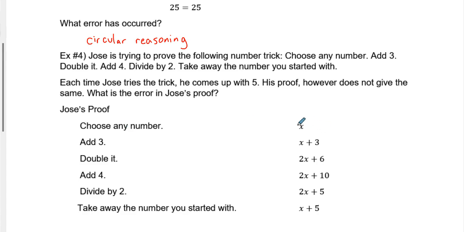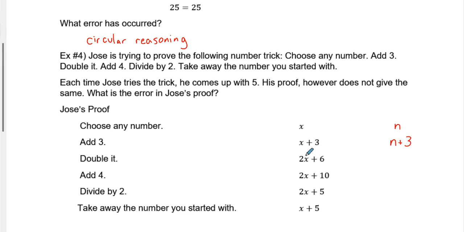Choose any number, x. I know the textbook will sometimes use the letter n. x is good, n for a number, it's all good. So his next step was add 3. So let's make sure that he added 3 correctly. x add 3, or it could be n plus 3. Okay, so far so good. His next step is double it.